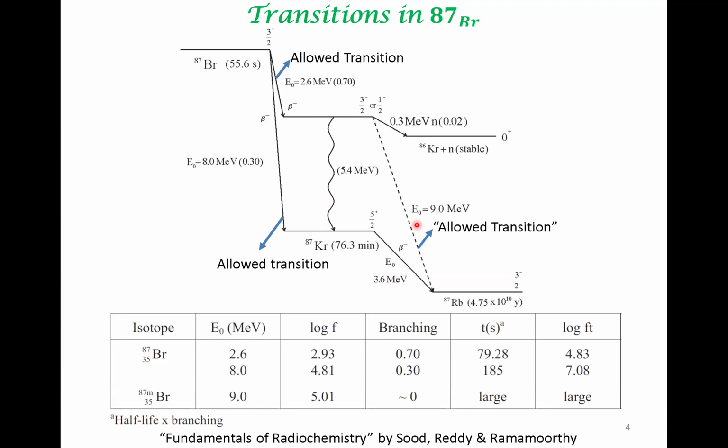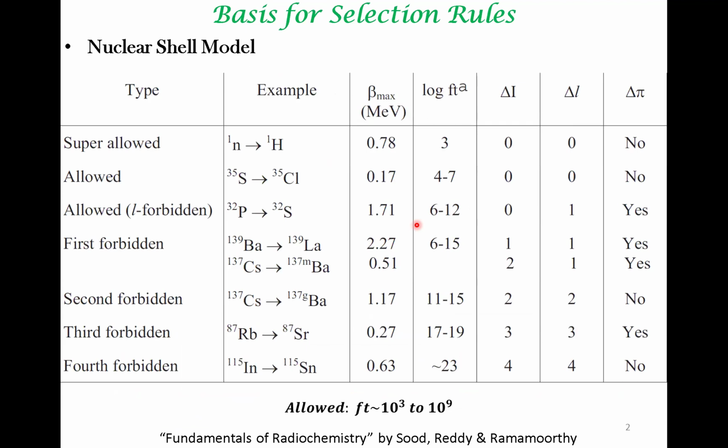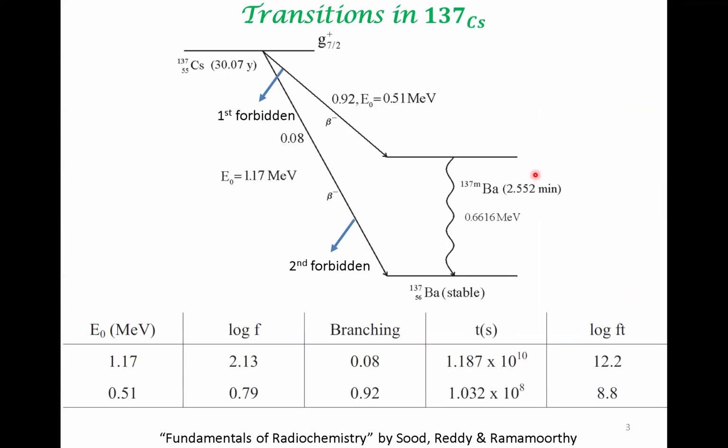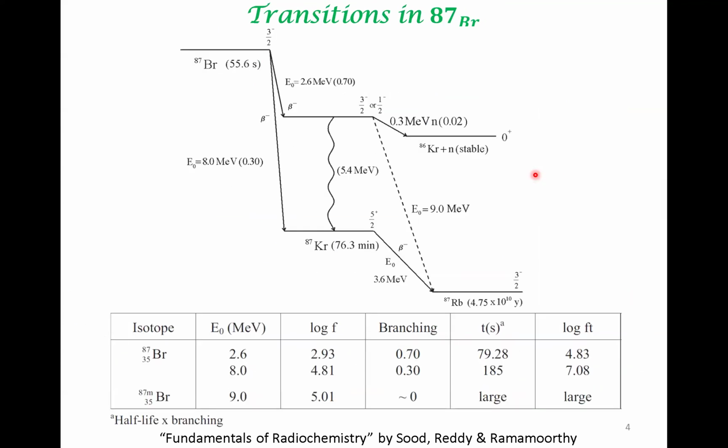We won't go into all those things within the scope of this course. All I'm trying to do with this first table is this: if you know how to calculate changes in nuclear spin, changes in angular momentum, and changes in parity, then once you have that data, you can get an idea of what is allowed and what is forbidden. That is the main way selection rules are utilized within the context of beta decay.